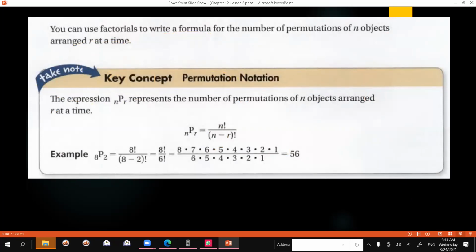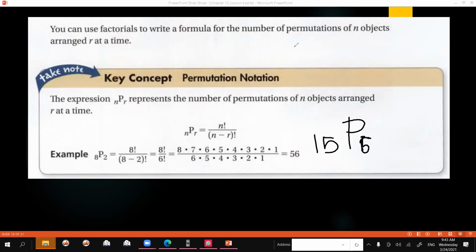Permutation notation means the way to represent the number of permutations arranged a number of times. I want to choose, as I told you, 4 or 6 girls from the 15 girls in the class.